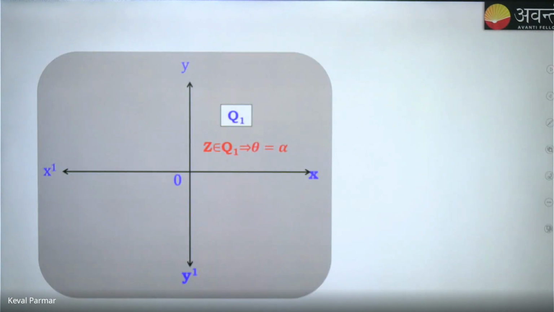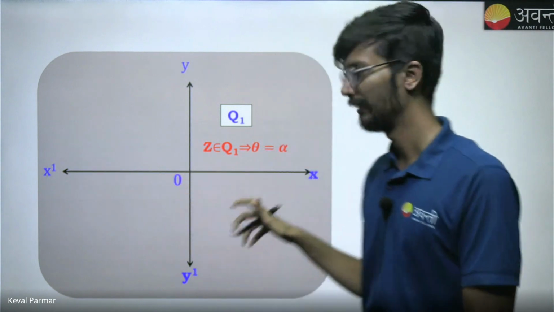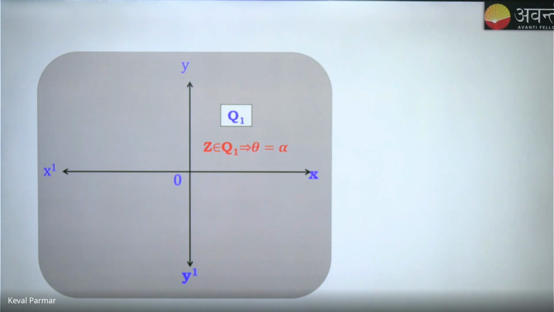Chalo, let's see this diagram. This Q1 represents quadrant 1. This theta is the argument, and this alpha we just now defined, which is always in the first quadrant. So what do we have next here?